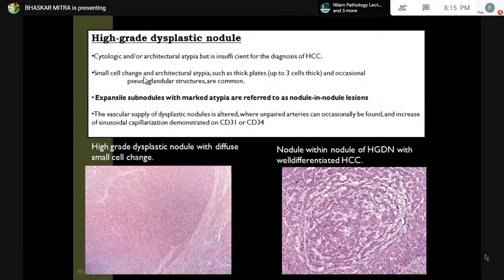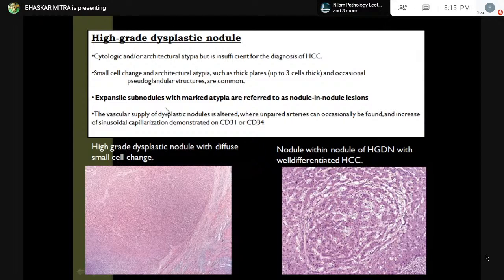As I said, this is a dysplastic nodule showing extensive small cell changes, showing high architectural atypia. The cell plates are increased, up to 3 cell layers thickness, but not more than this. It may show pseudoglandular architecture.